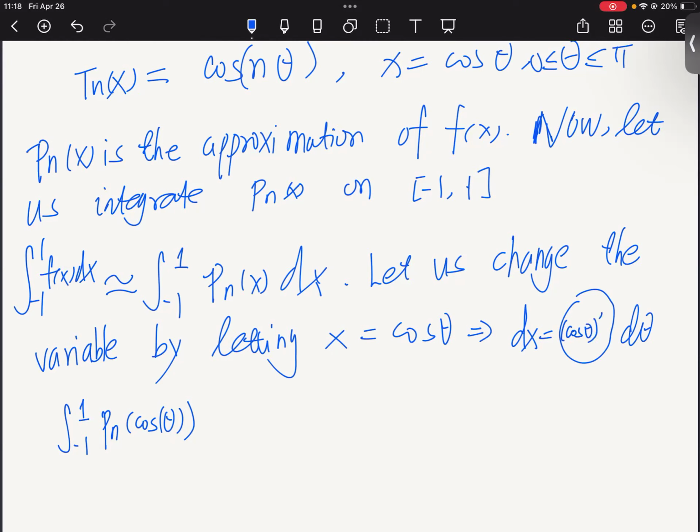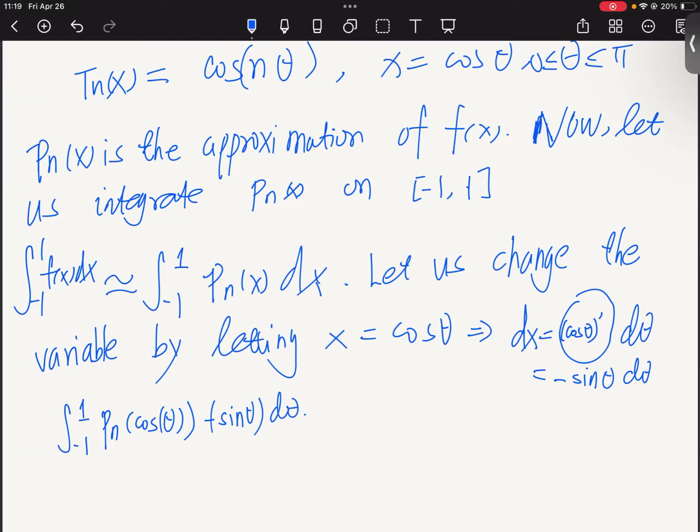This is the change of variable. Let me see, it should be negative sine theta, right? So dx should be negative sine theta d theta.